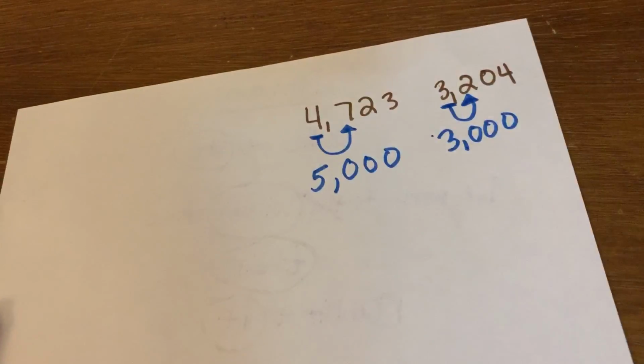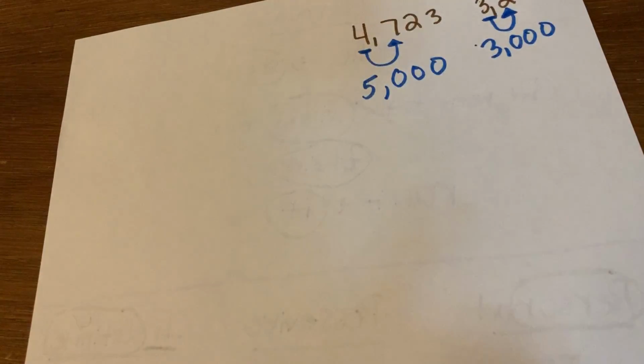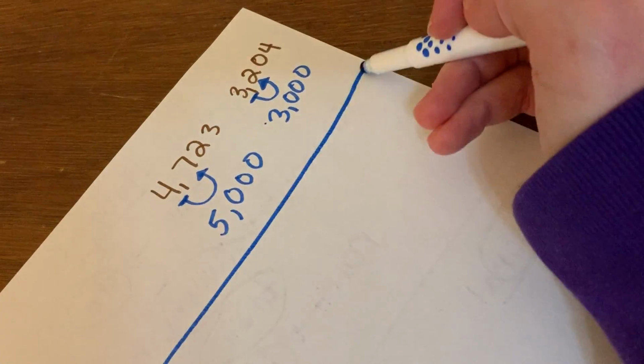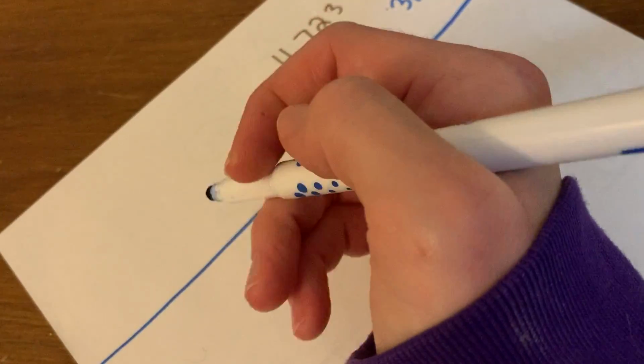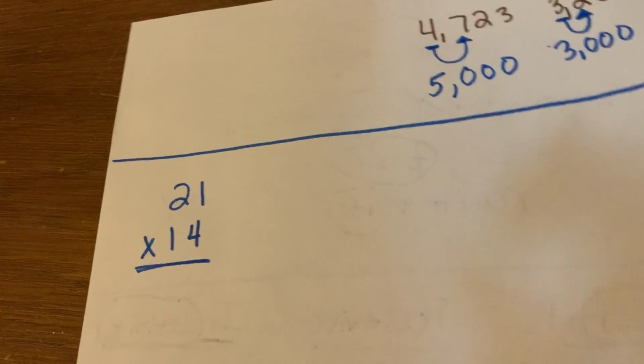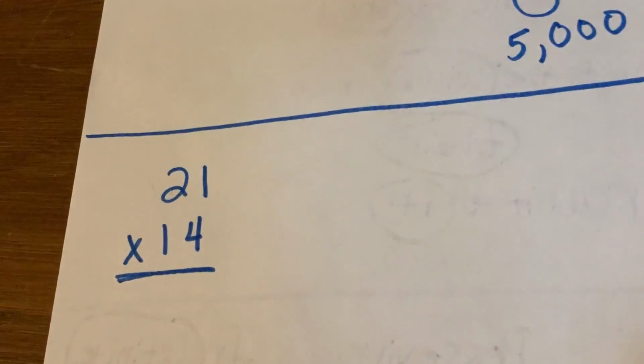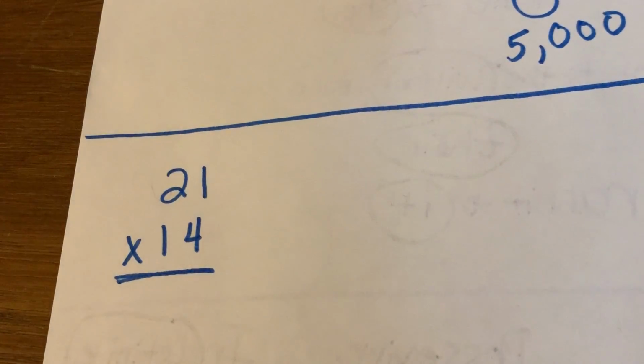So I'm going to go ahead and show you an example now involving 2 by 2 multiplication. So the problem we want to do first is 21 times 14. Okay? So this problem wants us to estimate, and then we need to identify whether or not our estimate is going to be greater than or less than the actual product.